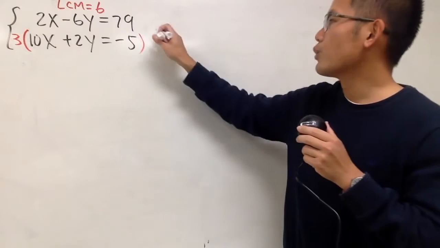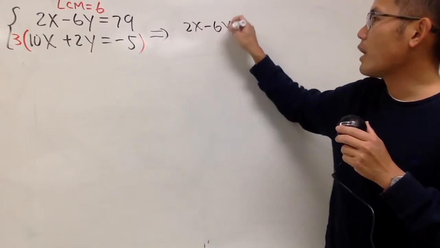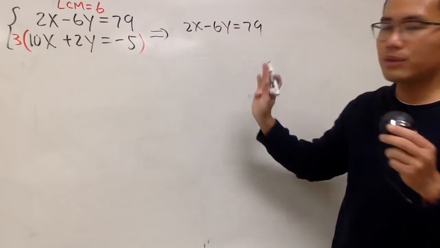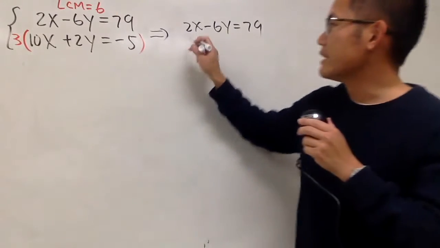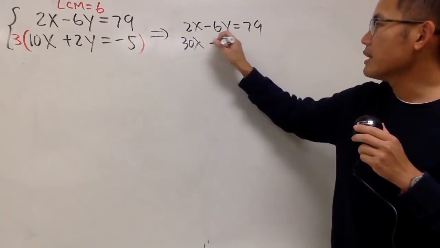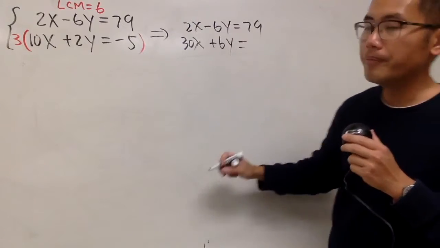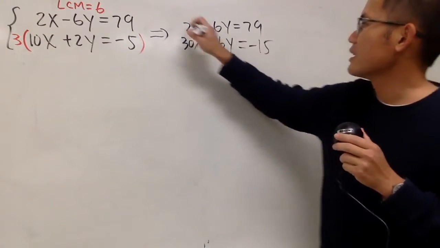And you see, right here, this is going to be 2x minus 6y equals 79. We are not doing anything with that yet. And then multiply this out. 3 times 10, that's 30x. 3 times 2y, that will be plus 6y, and that's equal to 3 times negative 5, that will be negative 15.